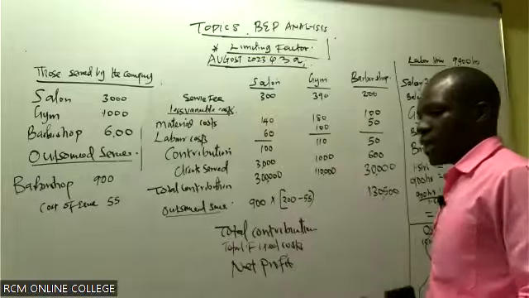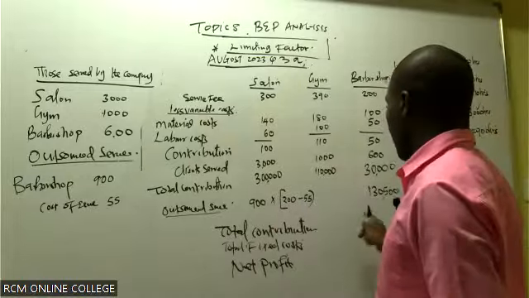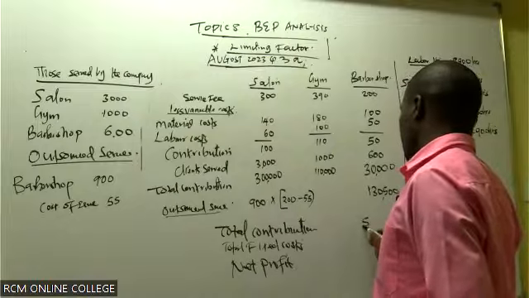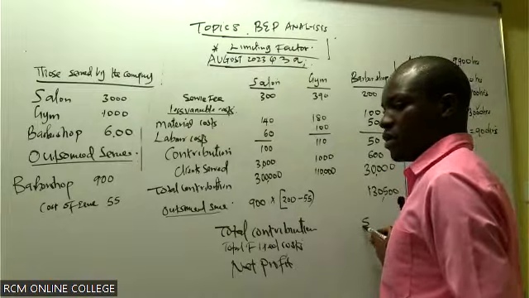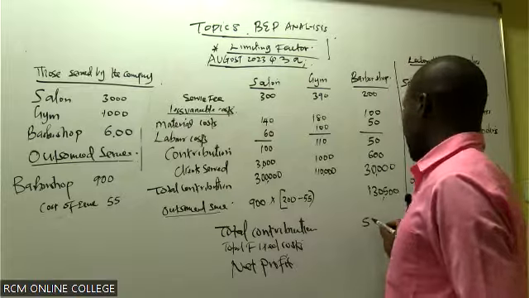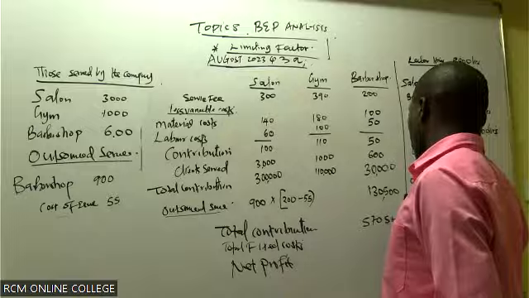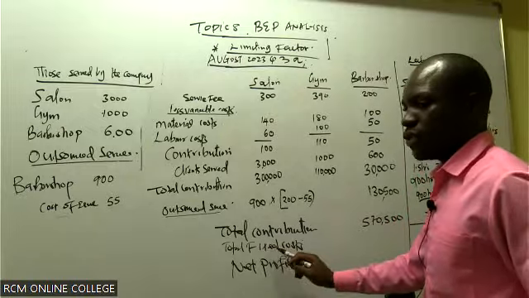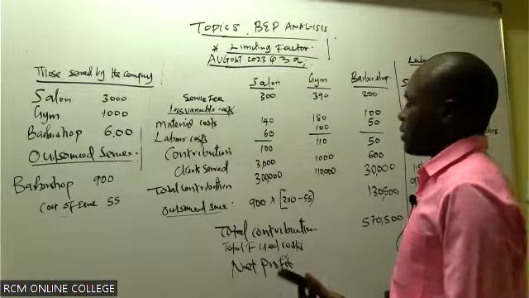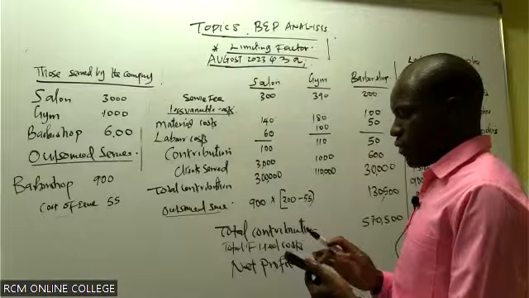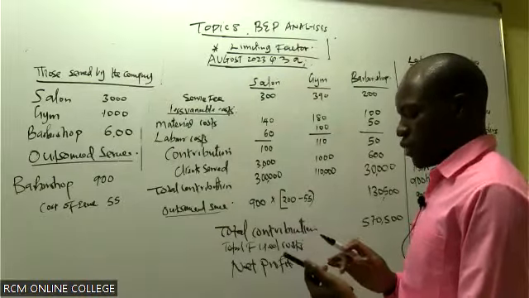So tukiongeza kila kitu hapa tulikuwa na ngapi? Hapa tulikuwa na 570,500 less total fixed cost. Our total fixed cost as per the question. Tunaweza kumbuka?